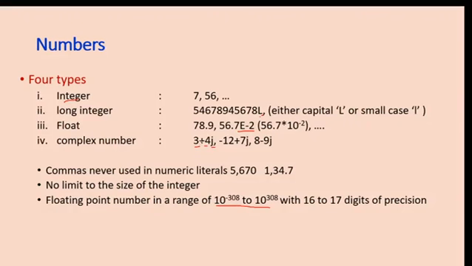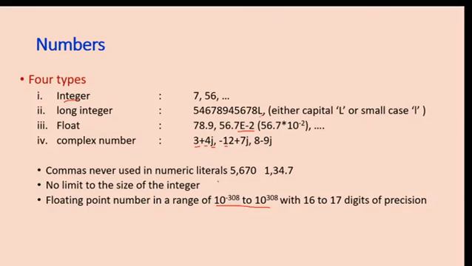And it should not be i also. Mathematically we sometimes represent it as a plus ib or a plus bi, but here in Python it will recognize only j. So real part plus or minus imaginary part followed by j. This is the standard format for representing a complex number.